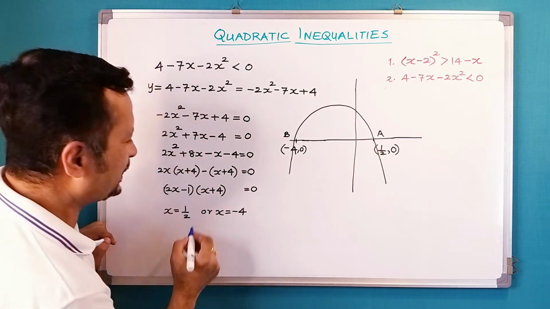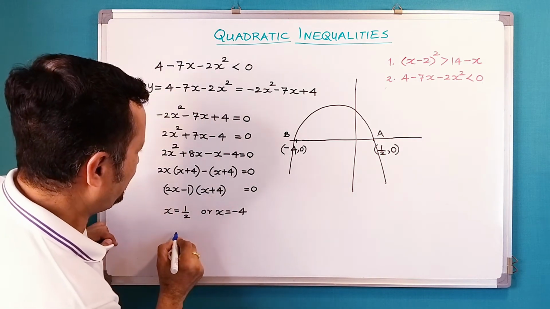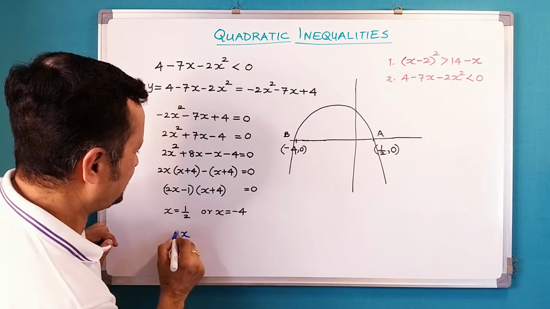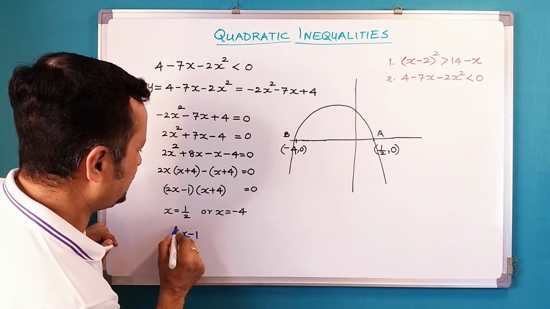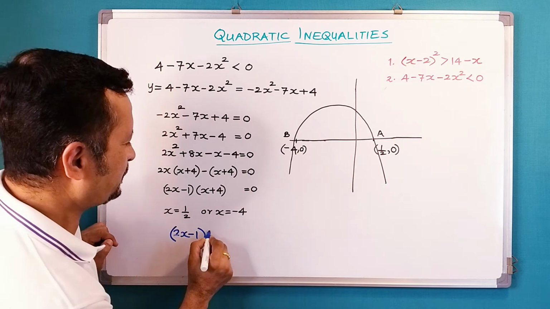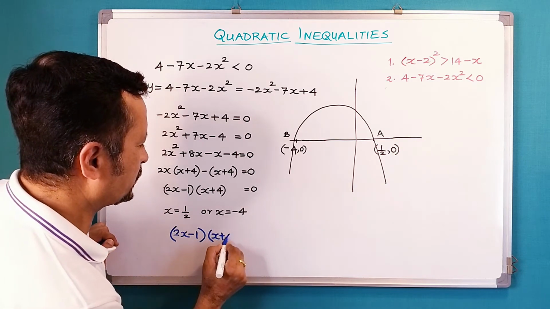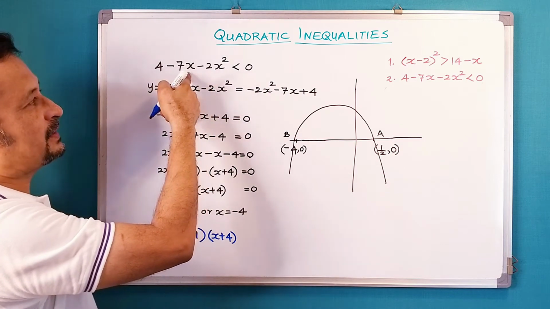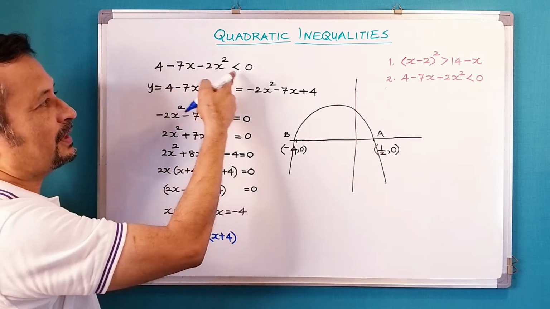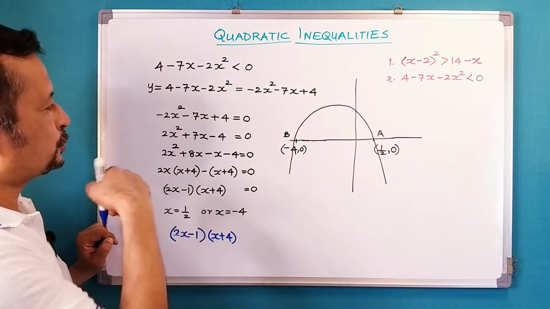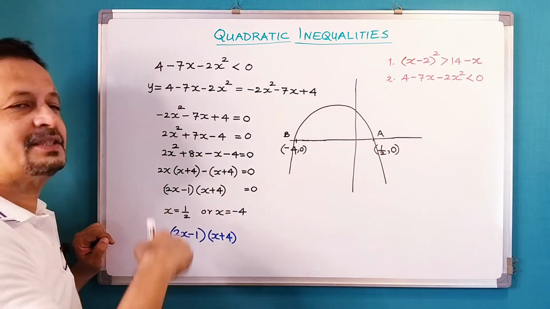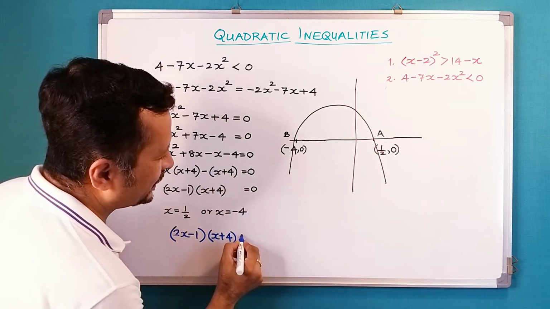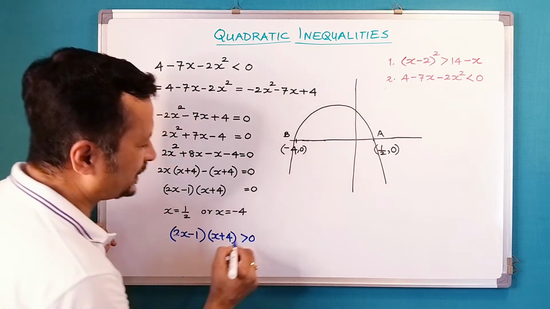So ideally I would be writing 2x minus 1 multiplied by x plus 4, minus 2x square minus 7x plus 4 less than 0. That means 2x square plus 7x minus 4 should be greater than 0, correct?